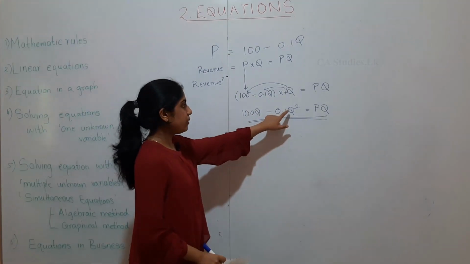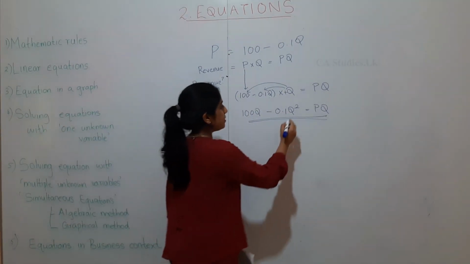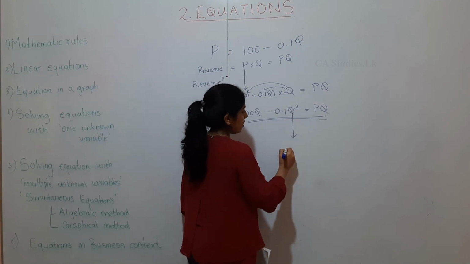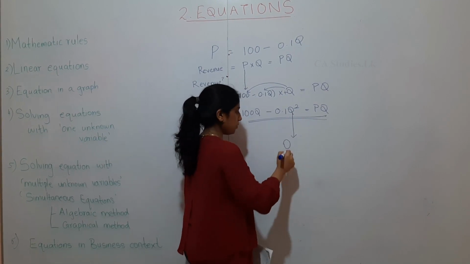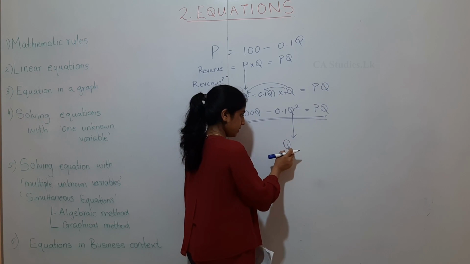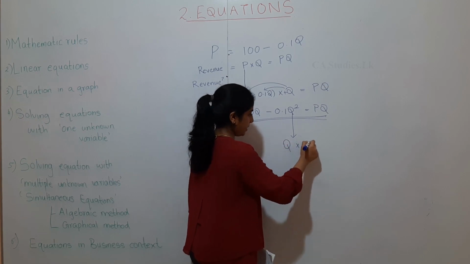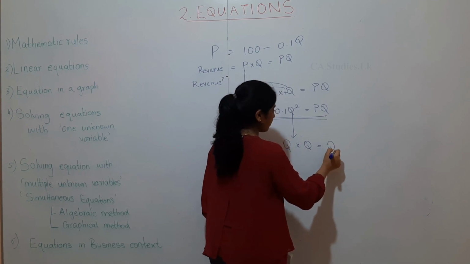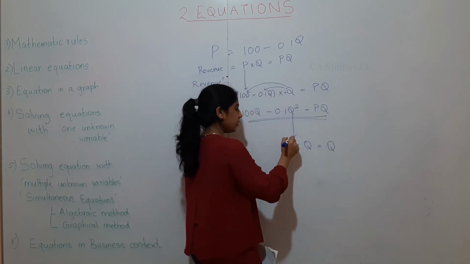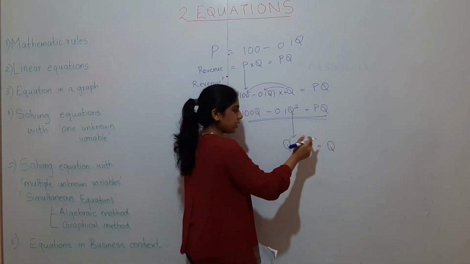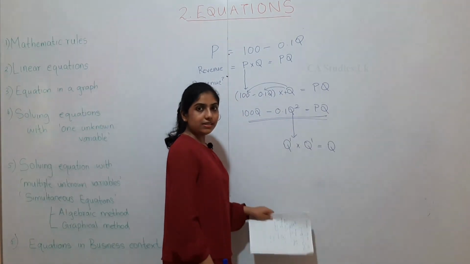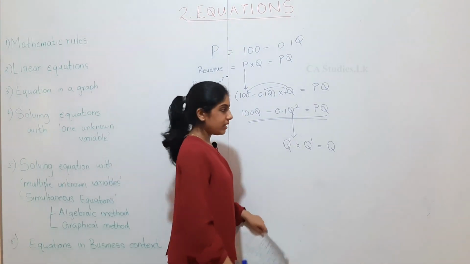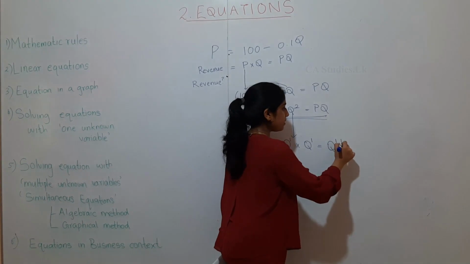In this, there is a new learning point, that is this Q squared. In maths, similar items multiplied with each other give a square, where the index of each is naturally 1 anyway. When it gets multiplied, it becomes 1 plus 1.